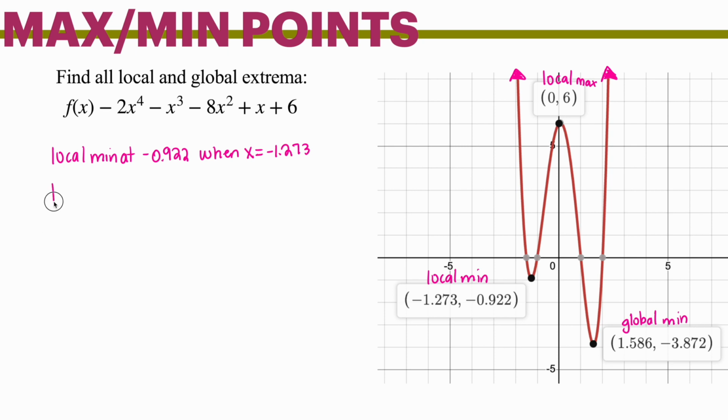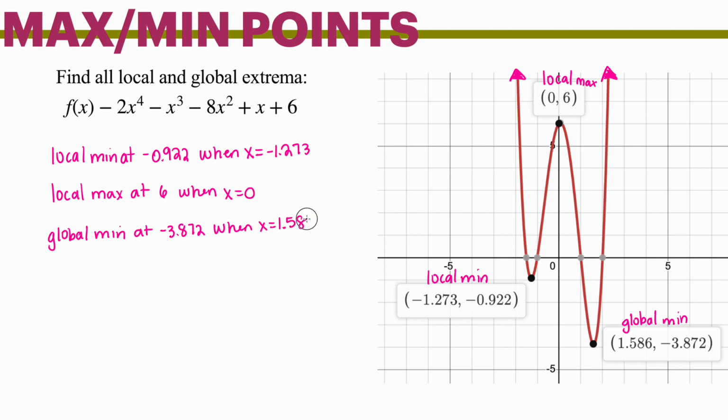You also would say that there is a local max at 6 when x is 0. And then there is a global min at -3.872 when x is positive 1.586.